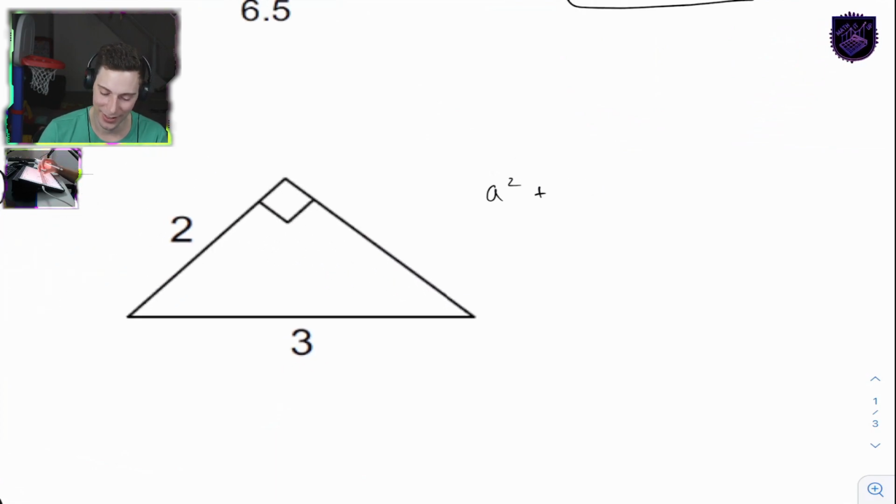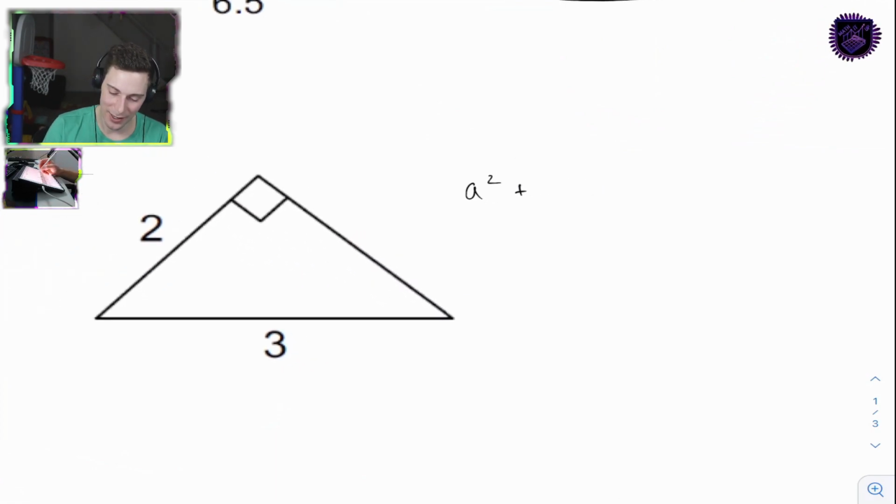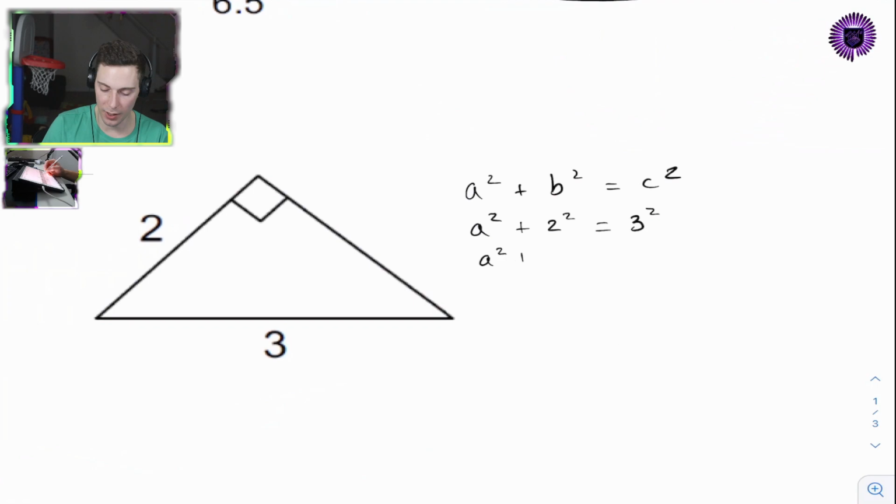A squared plus B squared is equal to C squared. Let's put our known values in there. Let's say we don't know A squared, but we do know B squared, which is 2 squared, and we do know C squared, which is 3 squared. So A squared plus 4 is going to equal 9.